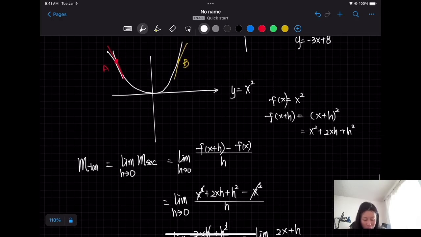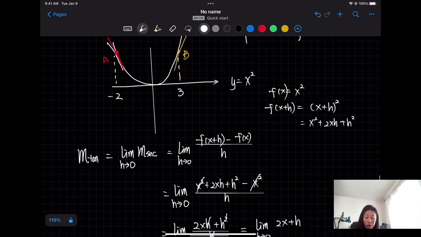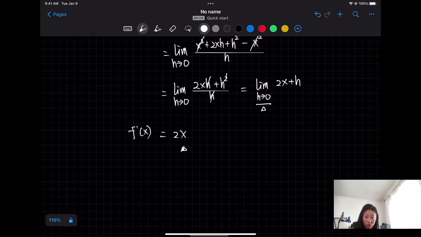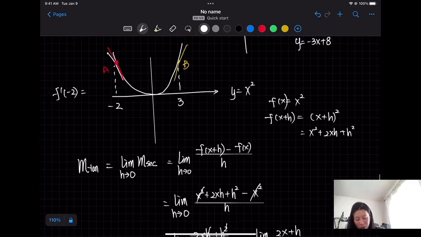So for example, let's say point A is at -2 and point B is at +3. So the slope at -2, f prime of -2, equals what? f prime of x equals 2x. So f prime of -2 is equal to 2 times -2, which is -4. So the instantaneous rate of change at this point equals -4.